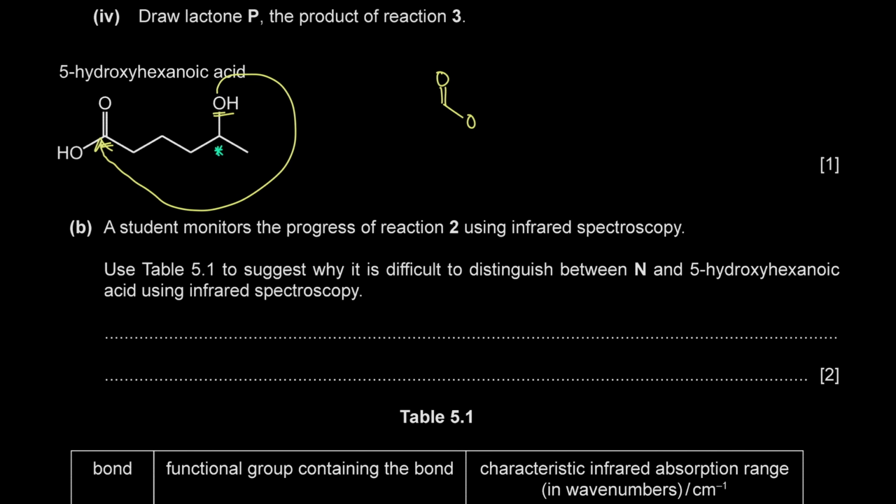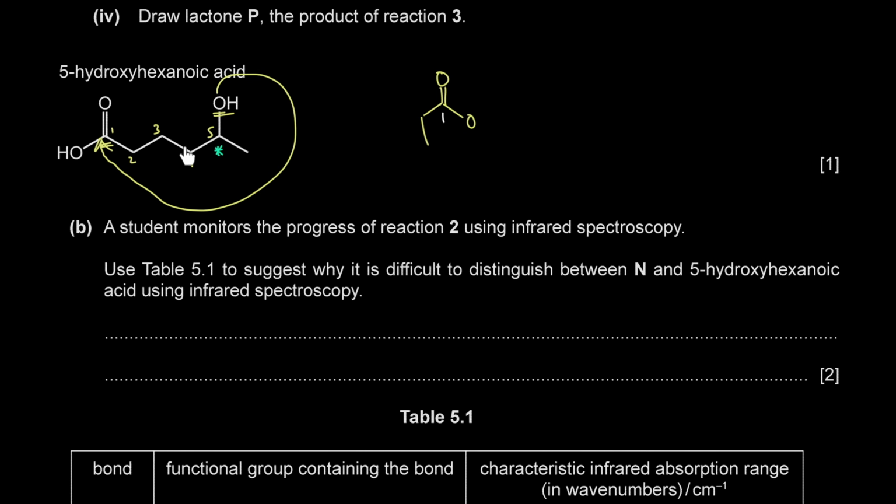Now this C double bond O carbon, I'm going to call that carbon 1, is bonded to carbon 2, that carbon is bonded to carbon 3, carbon 3 is bonded to carbon 4, and carbon 5 has the OH group. So carbon 1 is bonded to carbon 2, and then carbon 2 is bonded to carbon 3.